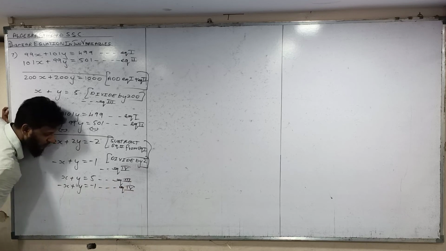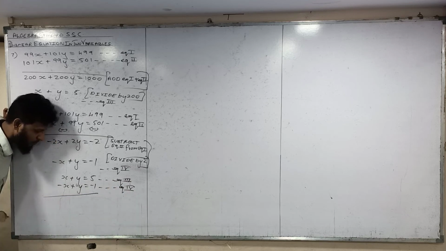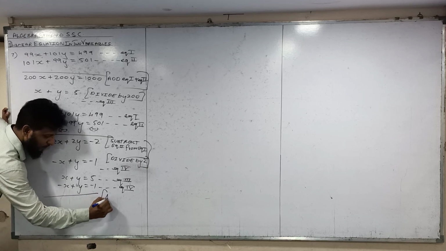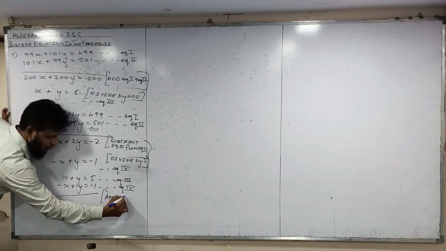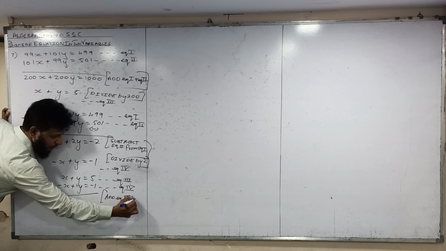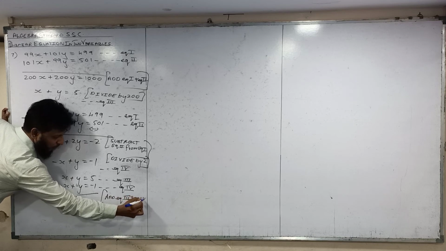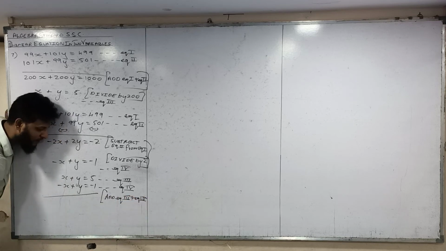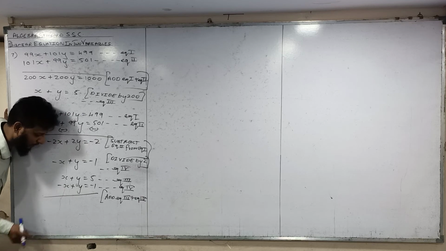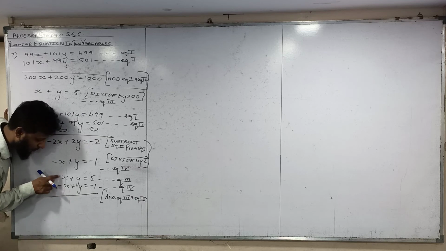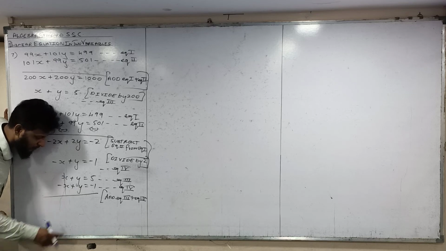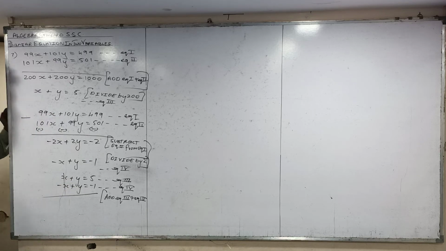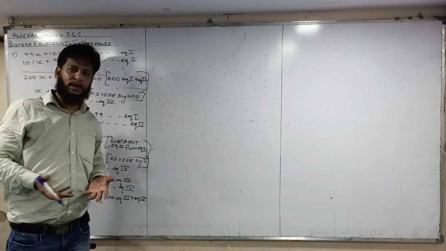When we are not changing the sign, we'll write add equation 3 and equation 4. If we are changing the sign, then we'll write subtract. Here we are not changing the sign because plus x and minus x will cut. So no need to change the sign.